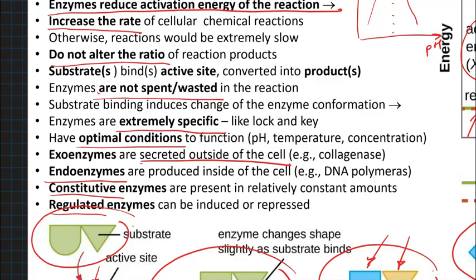Constitutive enzymes are produced at the same level, no matter what the external environment brings in terms of changes. Regulated enzymes are regulated. Their production is usually changed in response to changes in the external environment.